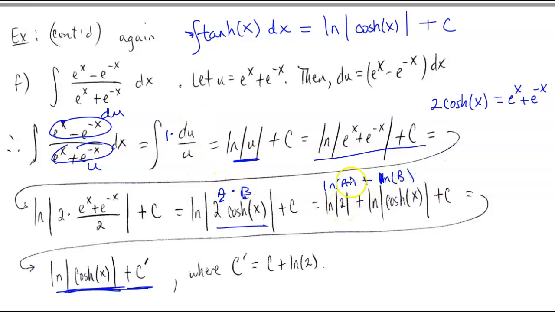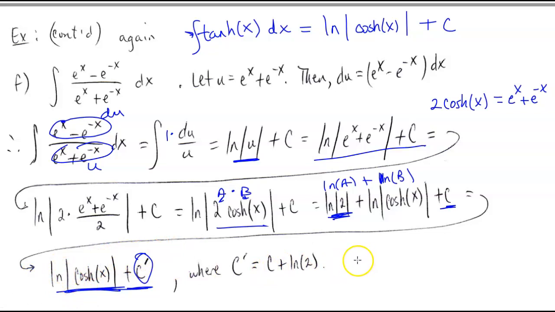And so from there, of course, natural log of 2 is just some constant, and we can combine this constant with this constant to come up with a new constant. And if we have that, then we see that we just have a natural log of absolute value of cosh of x. And so this could be our final answer here.